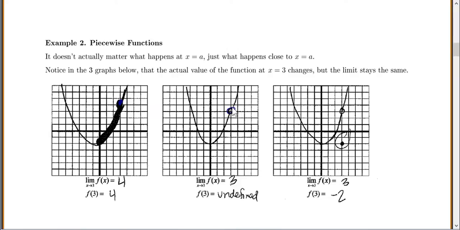But here we have this hole at x equals 3, and so f of 3 is not actually defined. Or right here we have a hole, and they actually put our point down below, so f of 3 is actually negative 2. But in all three of these graphs, notice that as we get really close to x equals 3, our y values get closer and closer to 3. So our limit is 3.